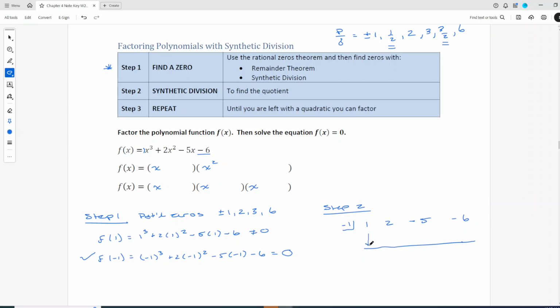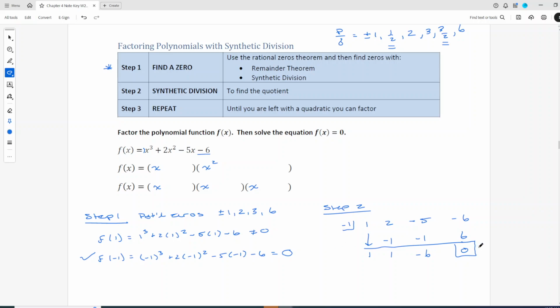You bring down, then multiply: -1 times 1 is -1. Then add: 2 plus -1 is 1. Then we multiply: -1 times 1 is -1, and then we add, and we get -6. And then we multiply: -1 times -6 is +6, and then I add, and if I've done this right, I have to get a remainder of 0, right?